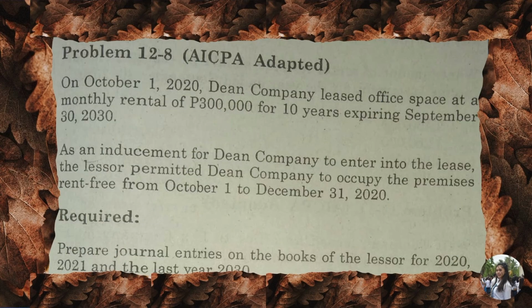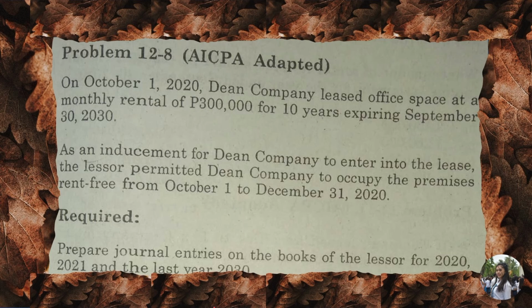Next, for the last portion of the application. This is in connection with the focal point of our report, the operating lease from the point of view of the lessor. So, we have problem 12-8.